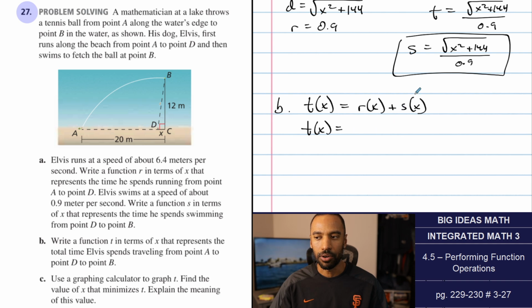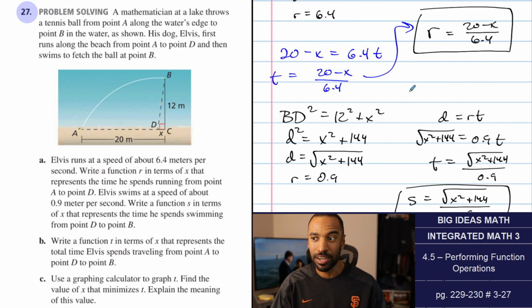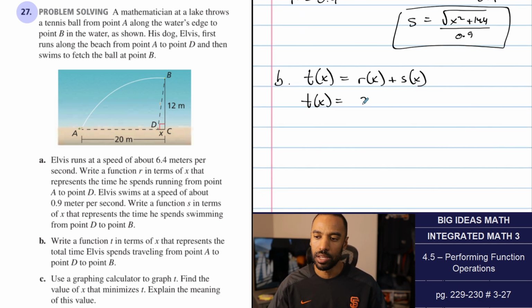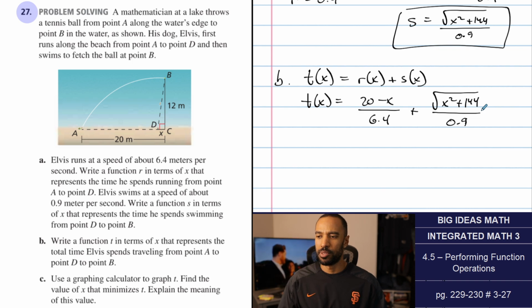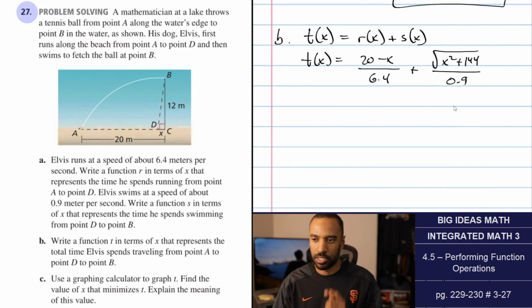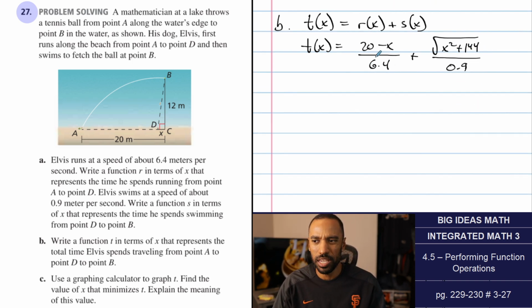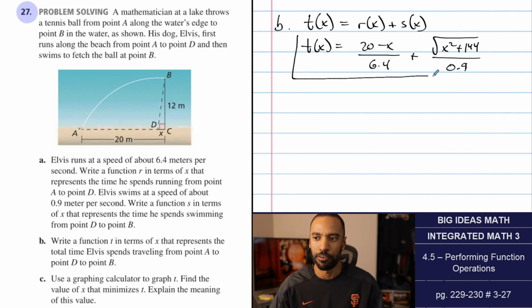So now I don't know if we're supposed to try and simplify these. I can go for a common denominator, but 20 minus x over 6.4 plus the square root of x squared plus 144 over 0.9, nothing will combine. A common denominator of those two would be kind of tricky to talk about. So maybe if you want to, we can come up with something. This is currently a version.